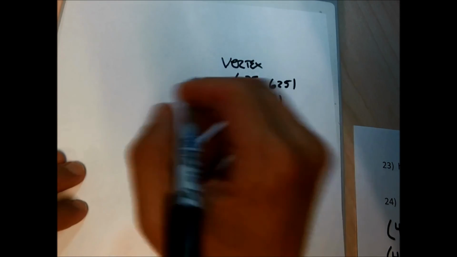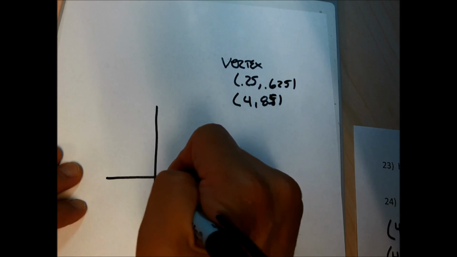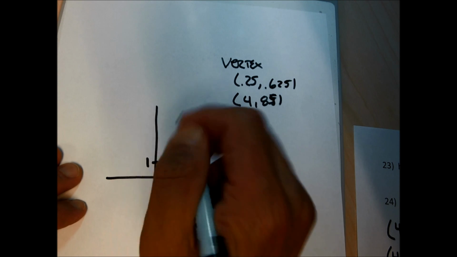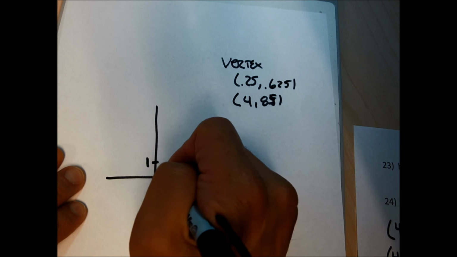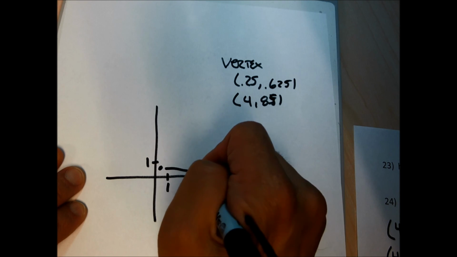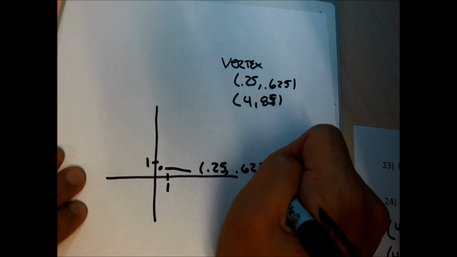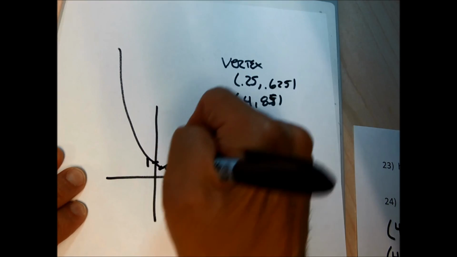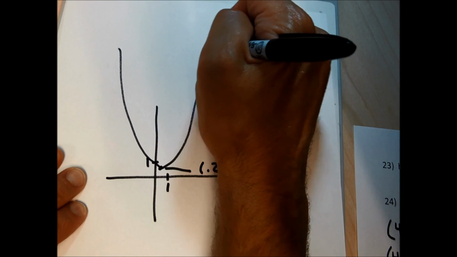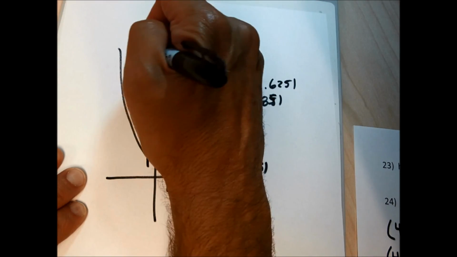So for my graph, oh gosh, here's 1, there's 1. So 0.25 is a quarter, 0.625 is a little bit more than a half, so that's the point. 0.25, comma 0.625, and then I'm not even going to make any sort of effort to make the y-axis look like it should.